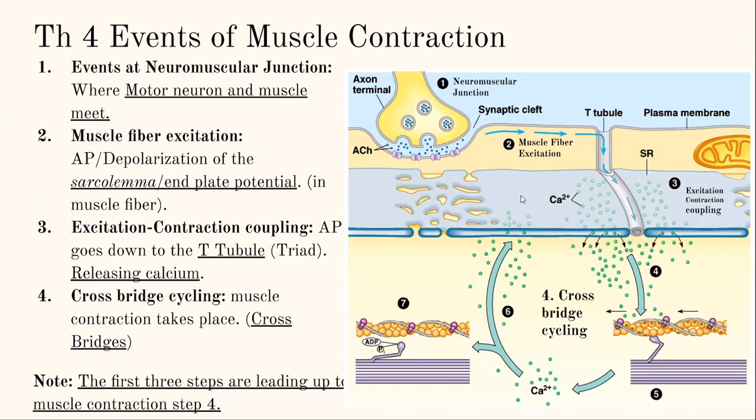The moment the neurotransmitter is bound to the neurotransmitter receptors, or the chemically gated sodium channels, once they open, that's the start of the second step, muscle fiber excitation.